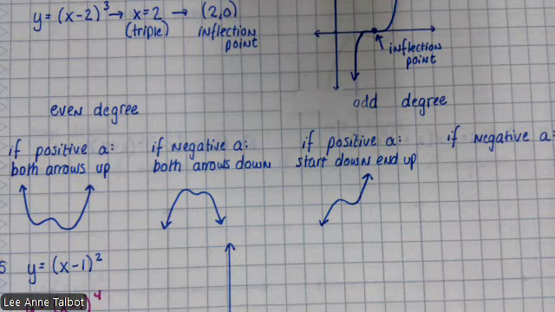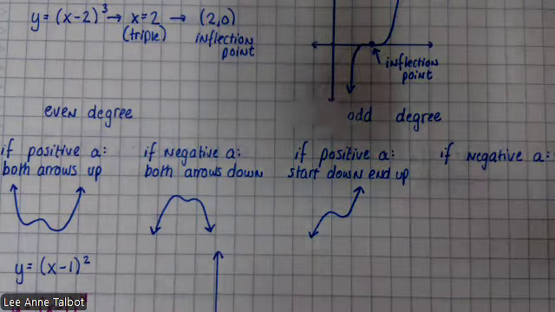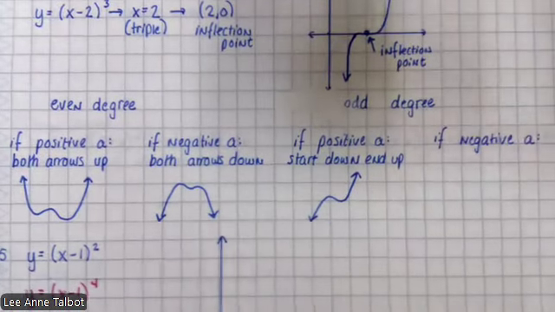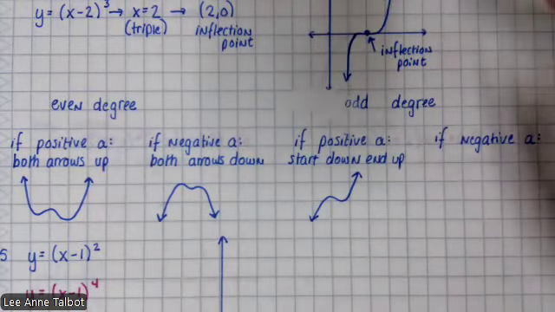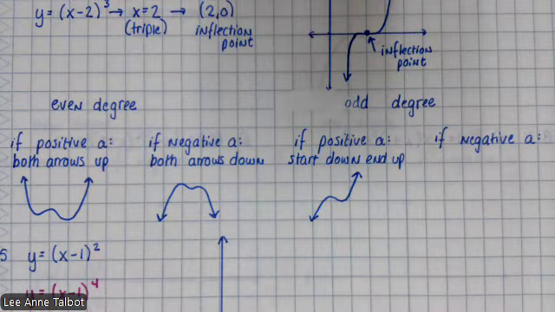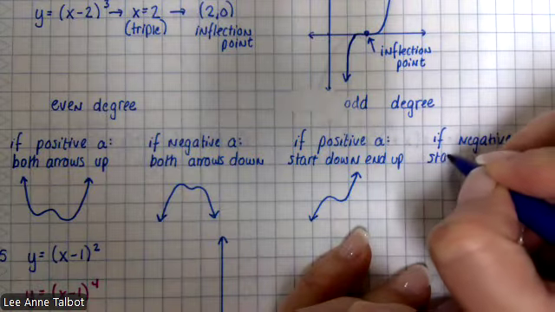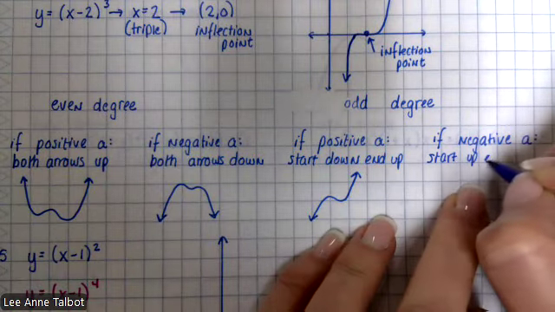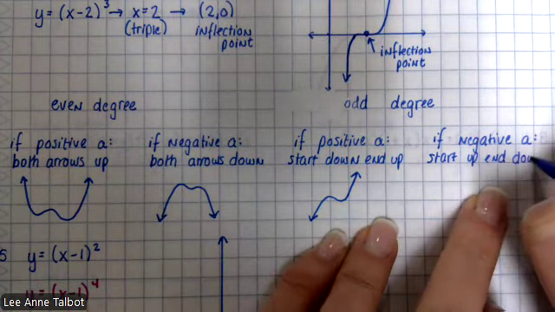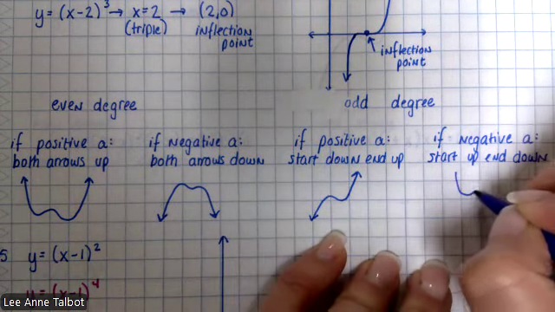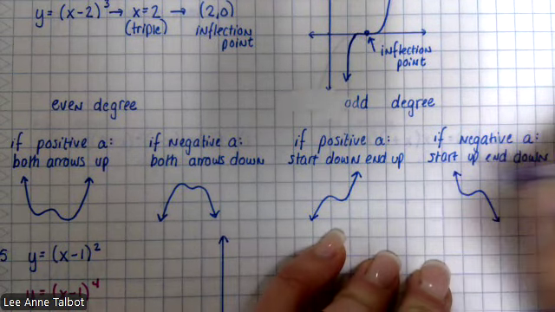Each one will change, but for the arrows part, okay, what do you think is going to happen if A is negative? Yep. Something like that.